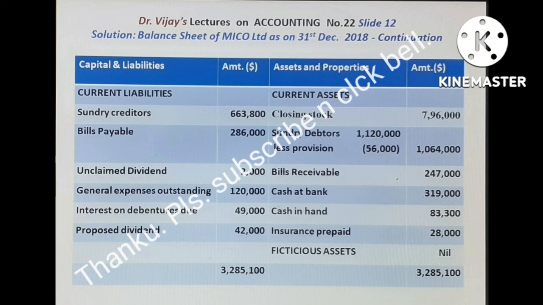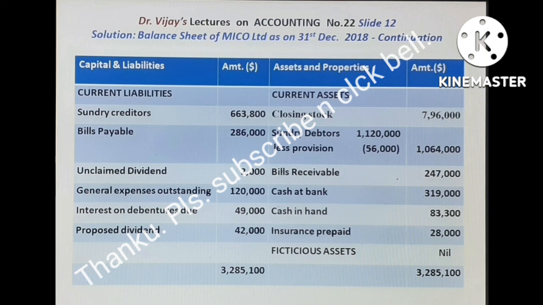If the profit and loss appropriation account shows a debit balance, that is loss, it will come under fictitious assets. Similarly, other losses of capital nature like discount on issue of shares and discount on issue of debentures will also come under that heading, but no such item is there in this problem.